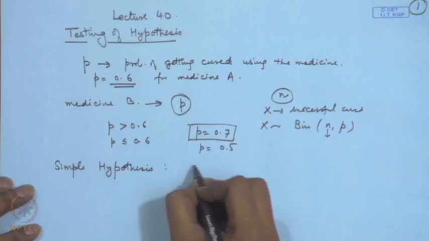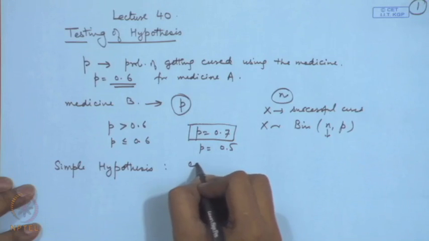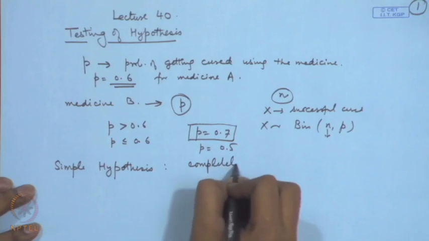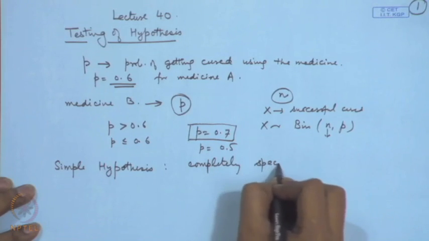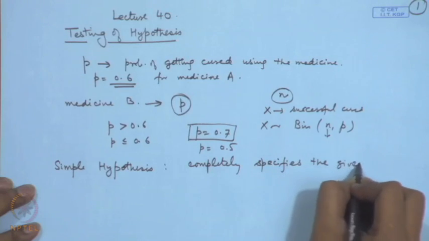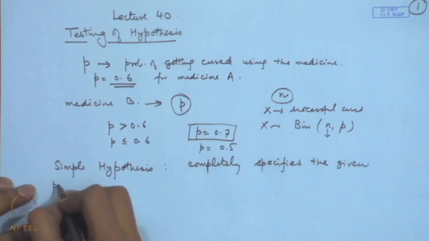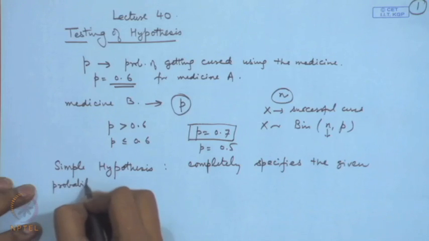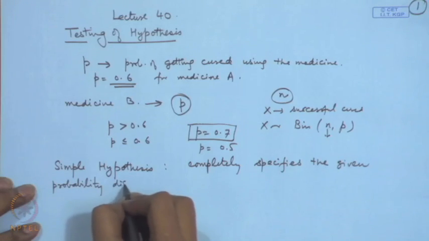A simple hypothesis completely specifies the given probability distribution.